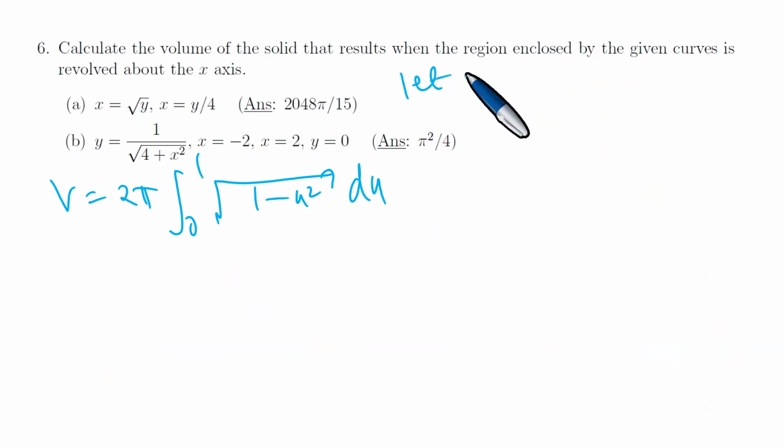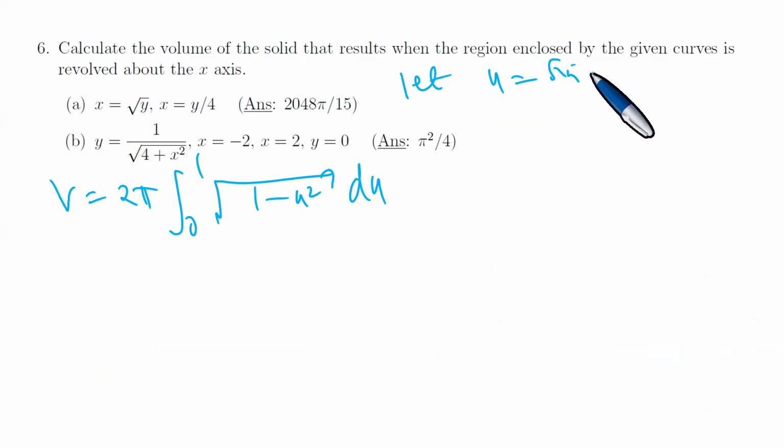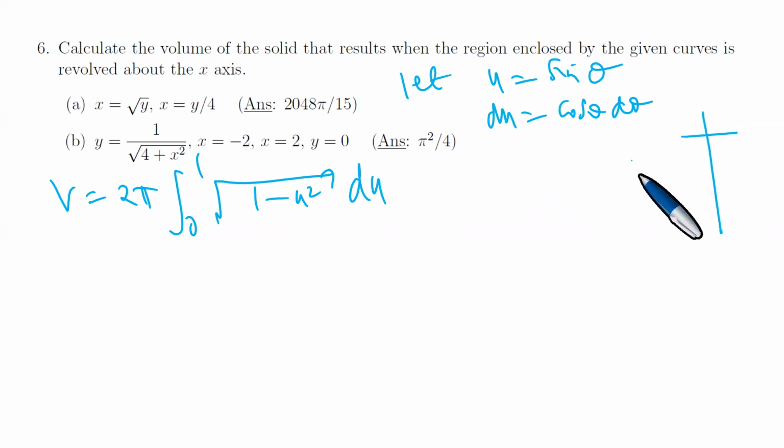So what you can do is let u be the sine of theta, because it's 1 minus sine squared, so that du becomes cosine theta d theta. The answers will be the same in the end, but you're going to show that it works. You change the variable from u to theta.